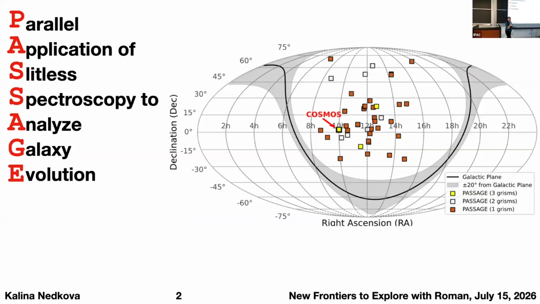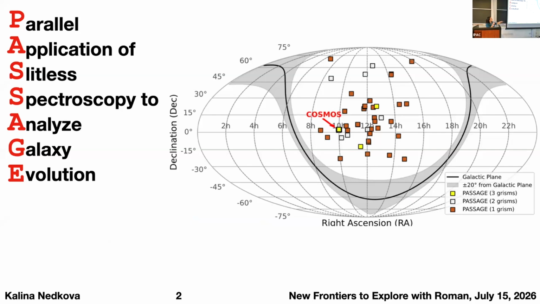I want to tell you a little bit about the Passage survey. Passage is a pure parallel program, which means that we took our observations at the same time as other programs. This is a really great way to maximize the scientific return of the mission. But it also means that we were restricted to only change setup when the primary program was doing the same.